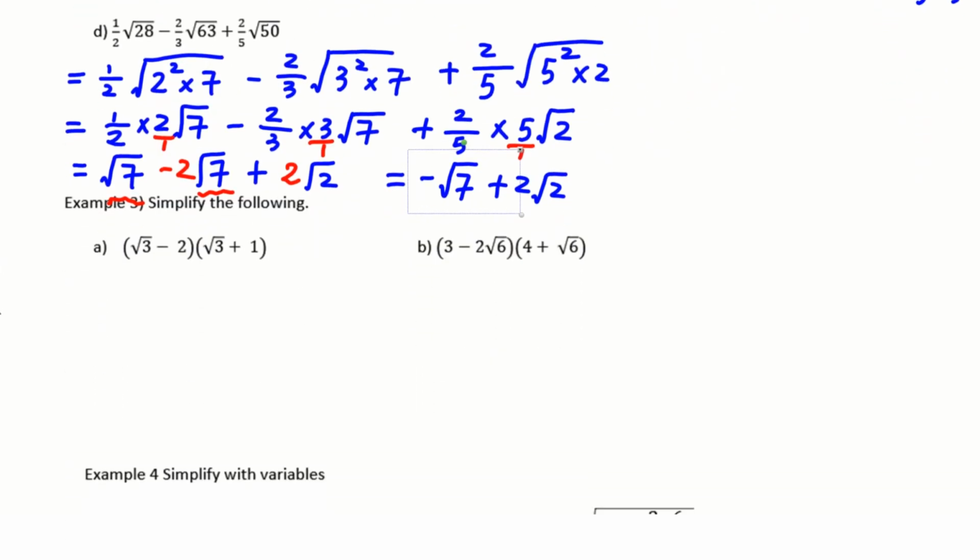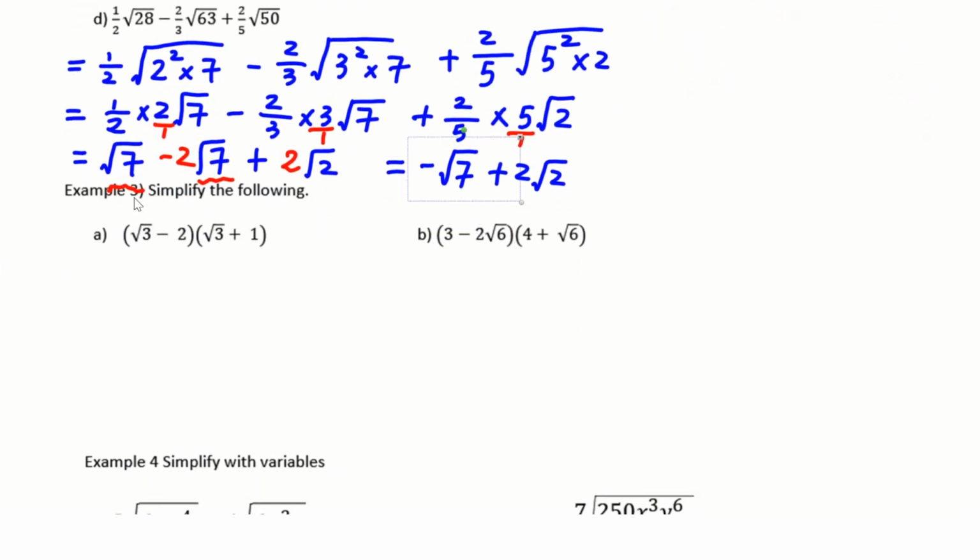Then after that, we are going to do multiplication of the binomials with radicals. So first term in the first bracket times each term in the second bracket. So it's square root 3 times square root 3. Then plus 1 times square root 3 is 1 square root 3.